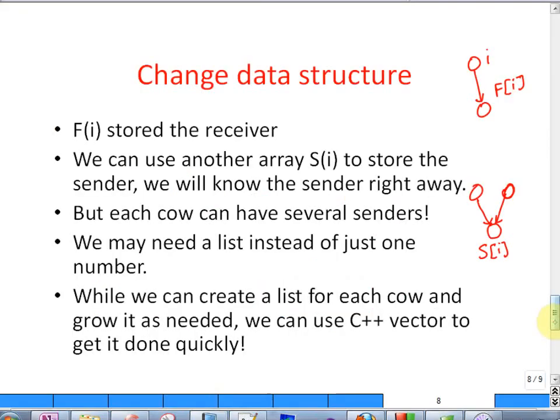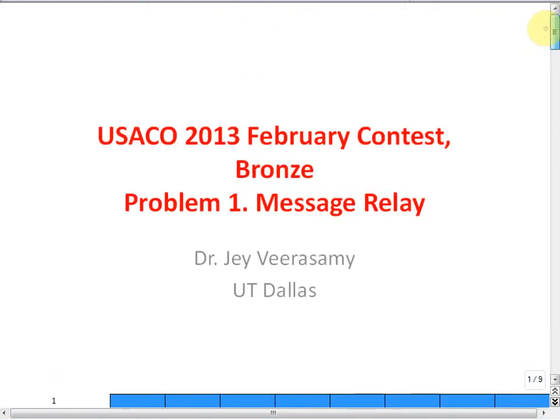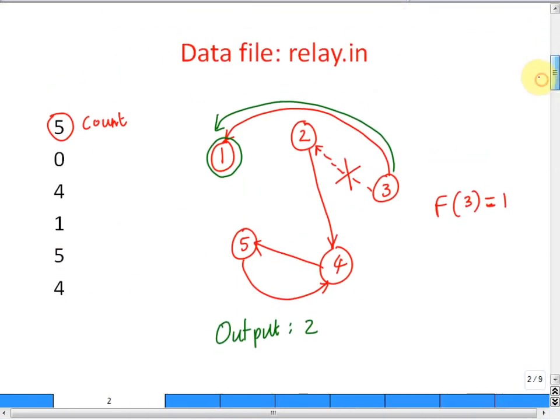Okay, let's go back to this picture. What I stored is that now we have the S array. So S is a list, the senders list, and I'm maintaining the list.